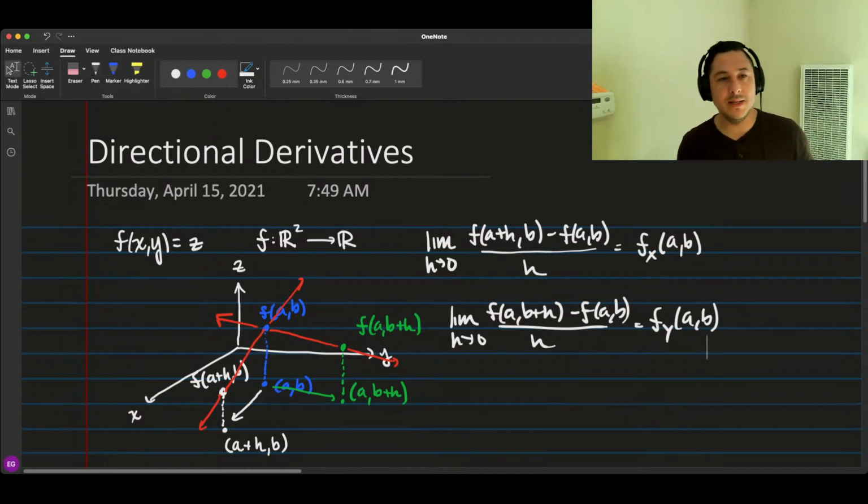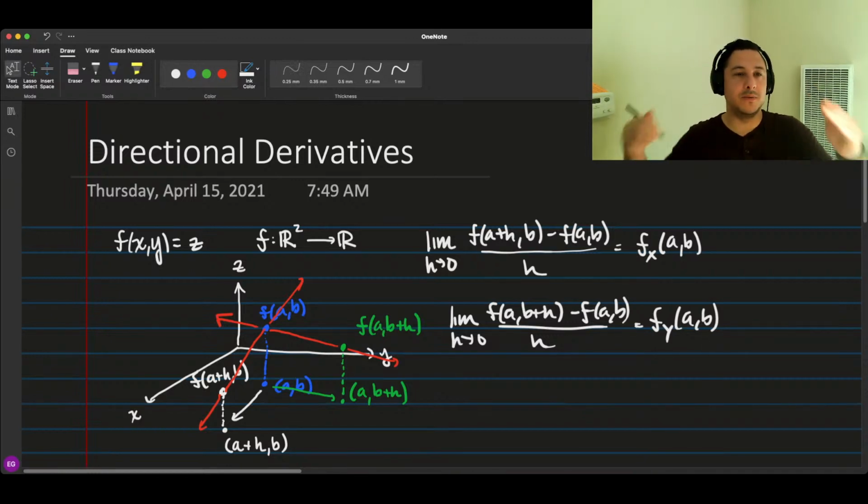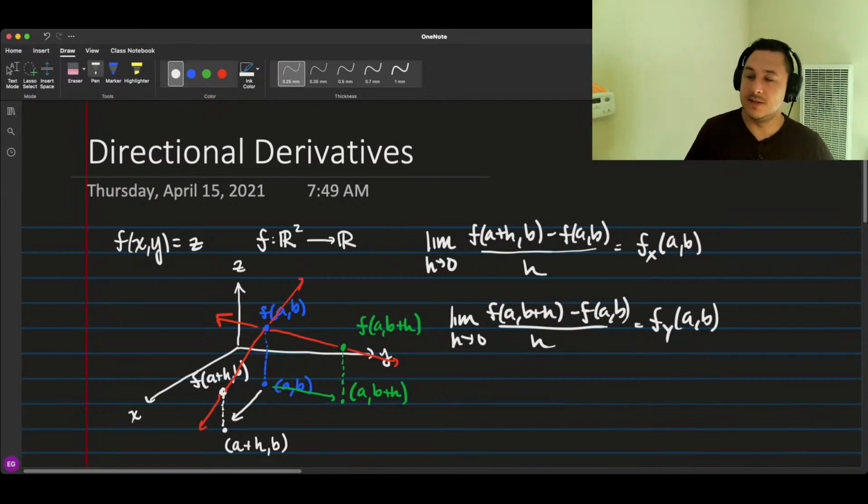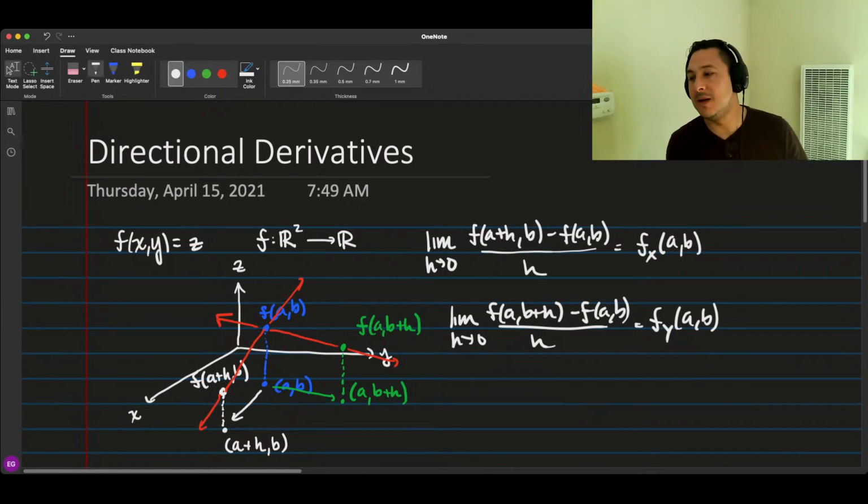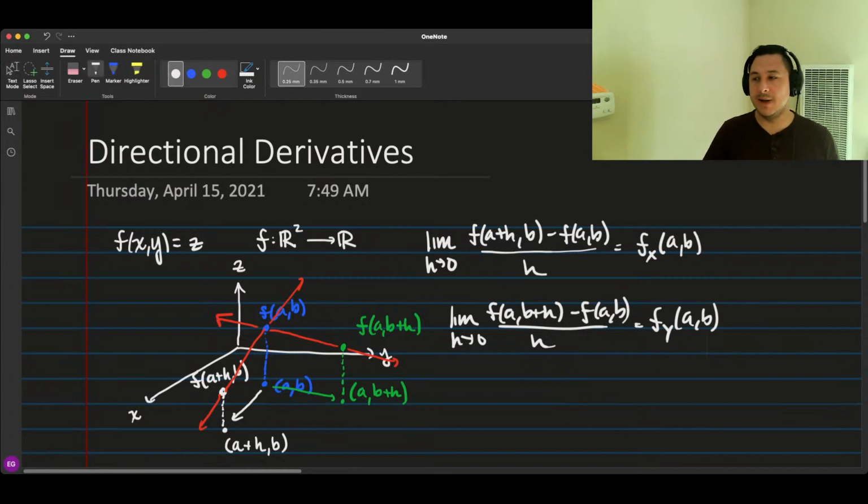So there are these different tangent lines you can form, and one of the things that we talked about is that with those two tangent lines you can form the tangent plane. Looking at that tangent plane, you start realizing that there are many different ways that you could move away from this point a comma b.